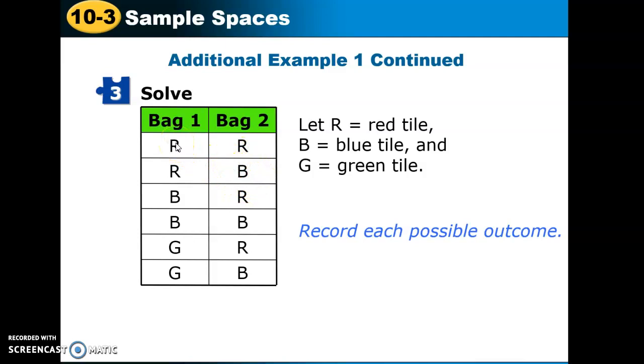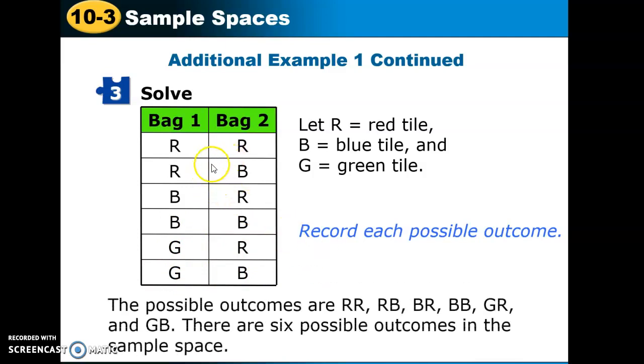So if I pull red first and then do another pull, I might get another red tile, or I might get a blue tile next. Then in bag 1, we also have blues and greens. If I pull a blue, I might have a red or another blue. And finally, if I pull a green, one option could be green-red, the other could be green-blue.